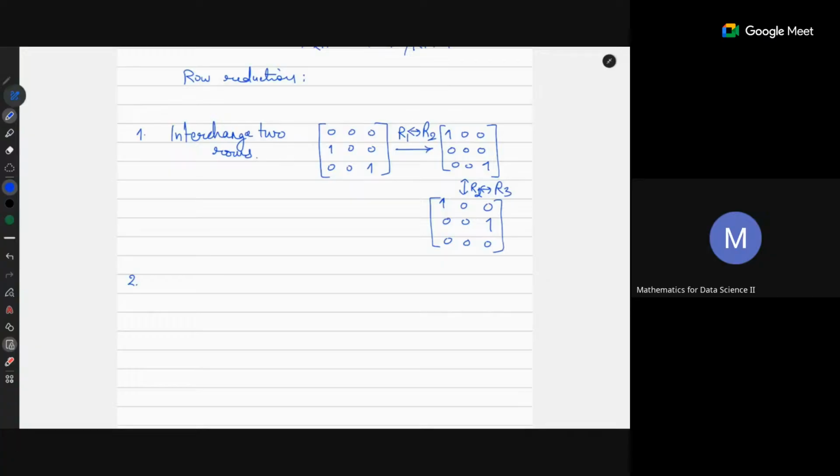All right. Now, scalar multiplication of a row by a real number t in R. Let's say you have this matrix.